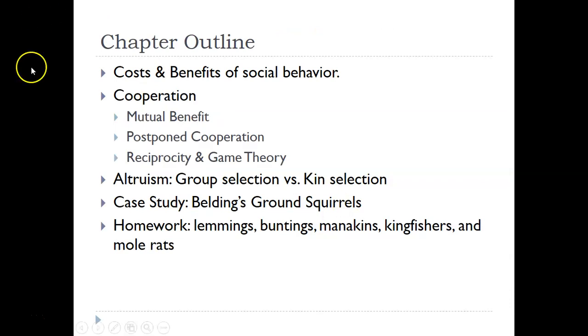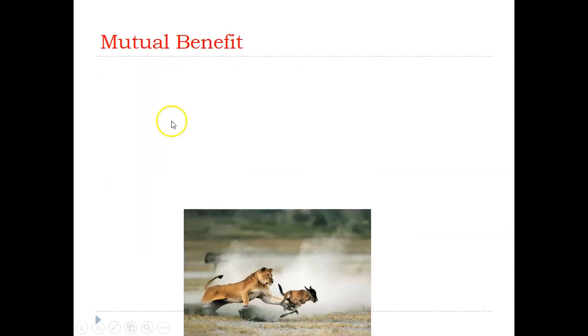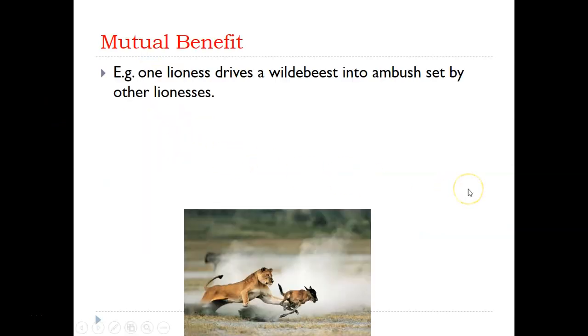Okay, so with that kind of introduction, we'll talk a bit now about examples of mutual benefit. So mutual benefits, we see many examples of these kinds of things when we're looking at animals that live in social groups. So a classic thing, I grew up watching Wild America and other kinds of nature shows on TV, and a classic example are the hunting behaviors of lionesses, which are just incredibly good hunters.